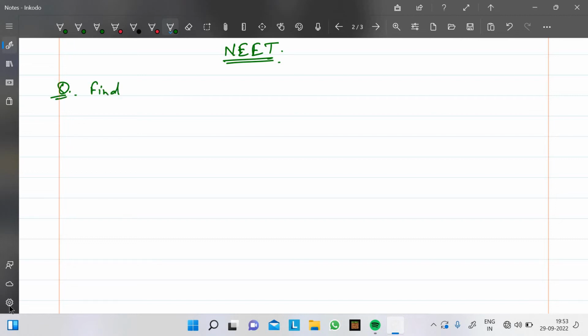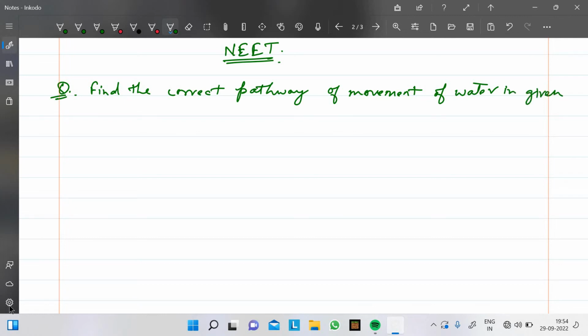find the correct pathway of movement of water in given presentation of cells. तो मैं एक डायग्राम यहाँ पे ड्रॉ कर रही हूँ.